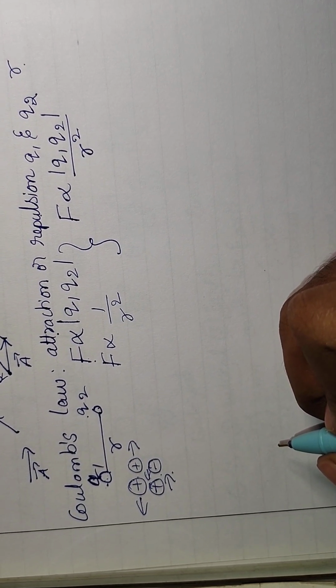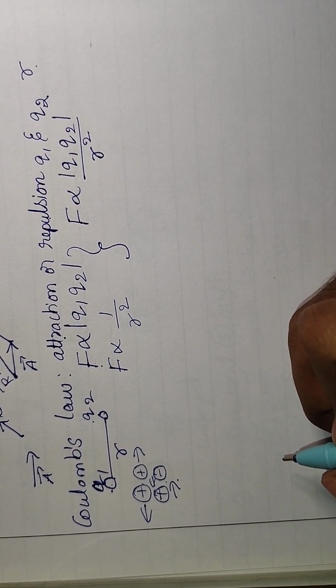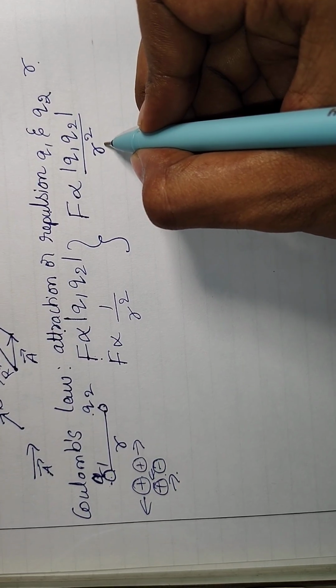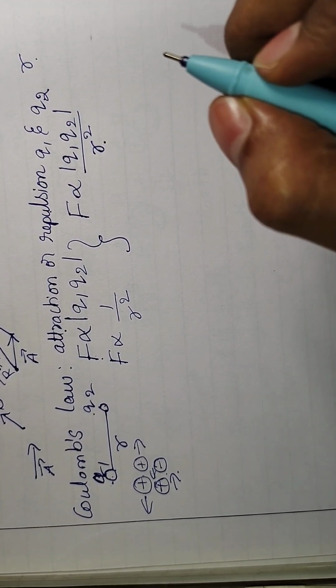This is what the statement of Coulomb's law tells you. Many students end the statement here only, that is, inversely proportional to the square of the distance between them, but that is actually an incomplete statement of Coulomb's law. There is one extra point.